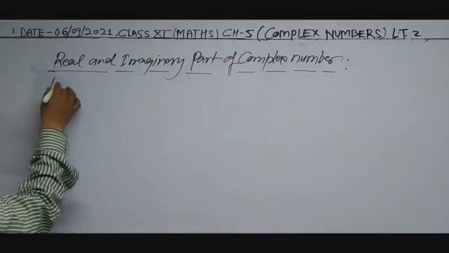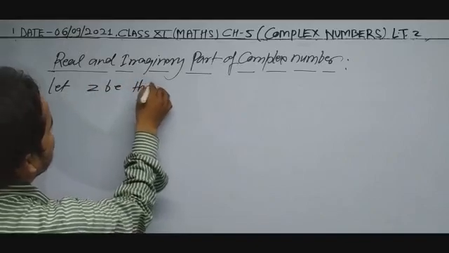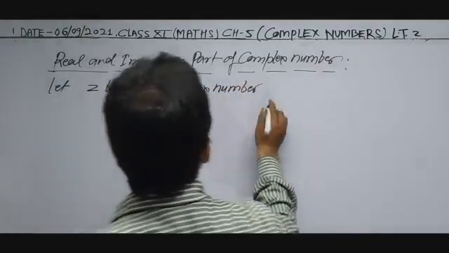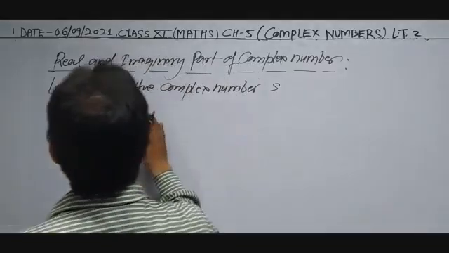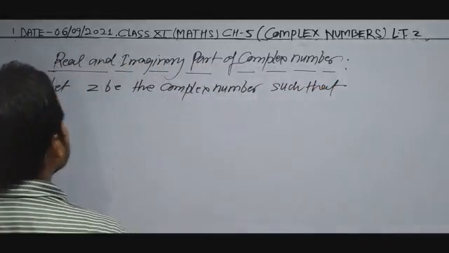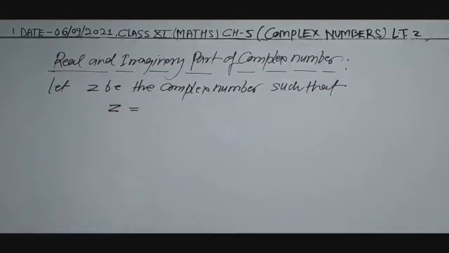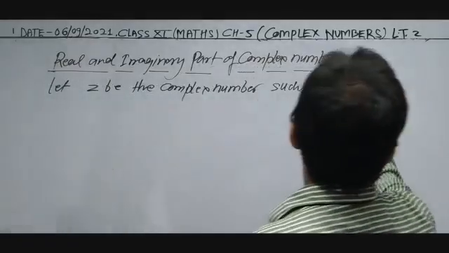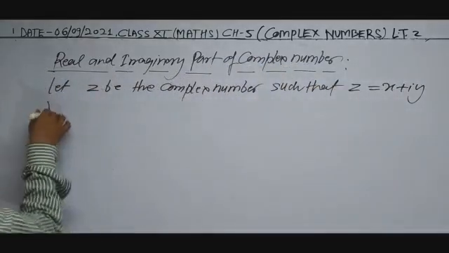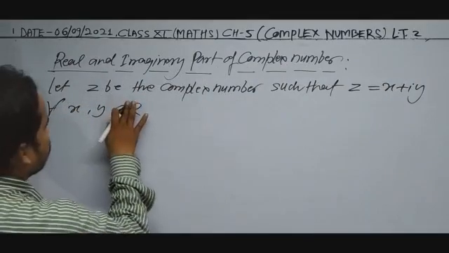So let small z be the complex number such that small z is equal to x plus iy, for all small x, y belongs to real.